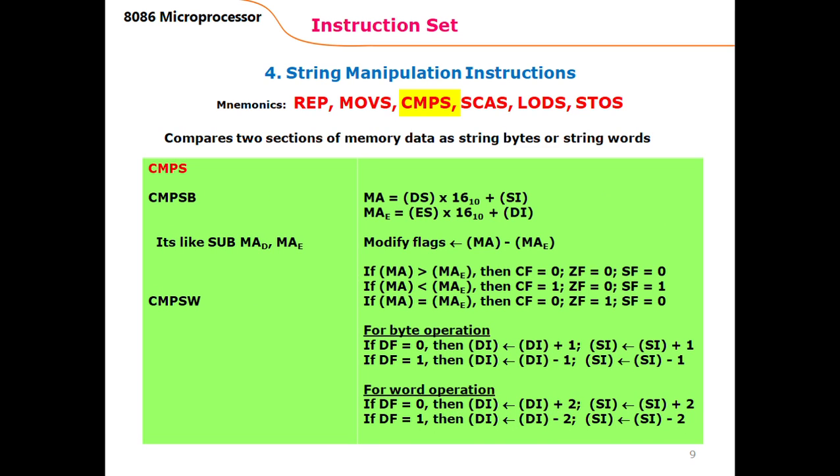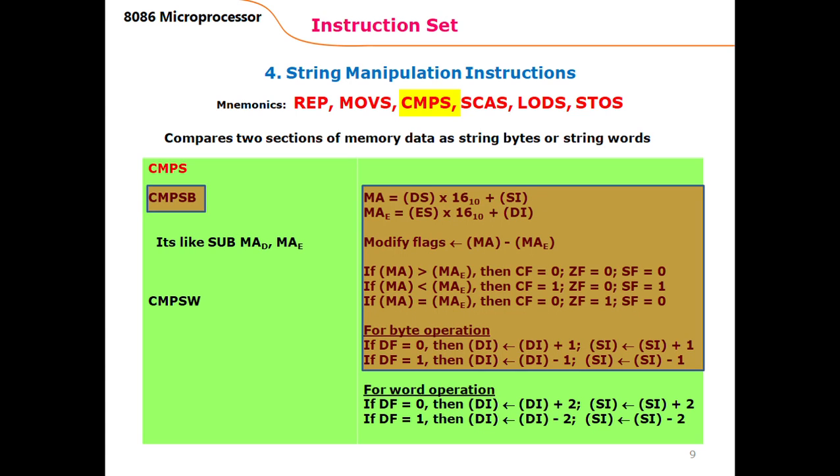Here we have some forms of the compare string instruction, and the first form is compare string byte, which would compare 1 byte from the data segment with 1 byte of the extra segment. To access the location of the data segment, the physical address must first be calculated, just like we did before.